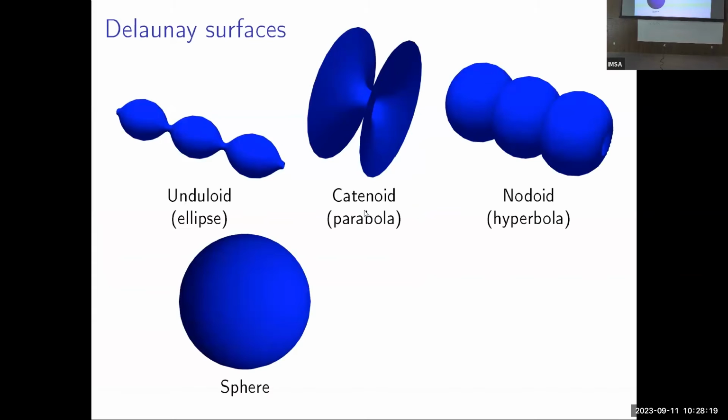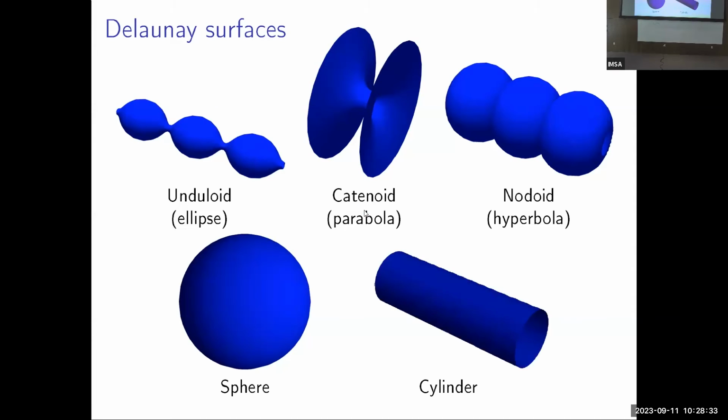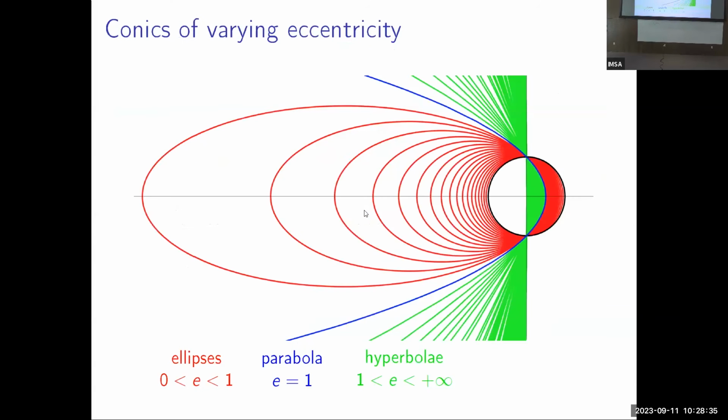I'll leave as an exercise what the surface is in the case of a circle rolling. Depending on the eccentricity, you have these different pictures.